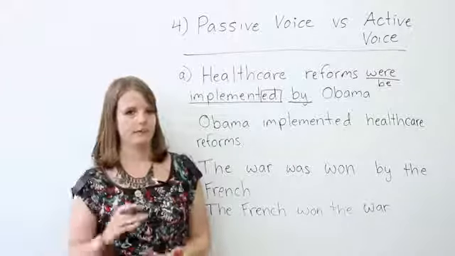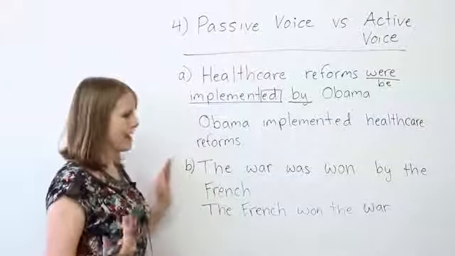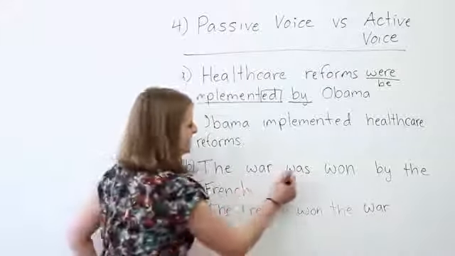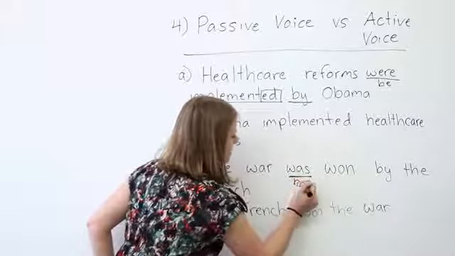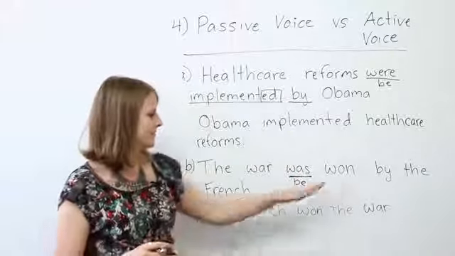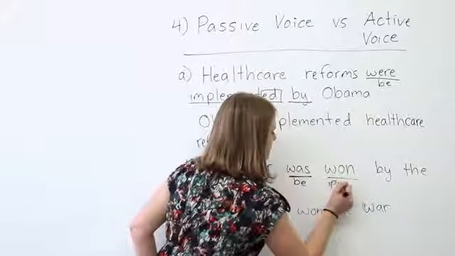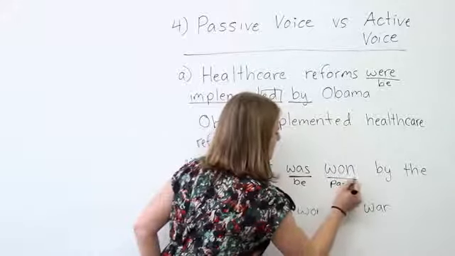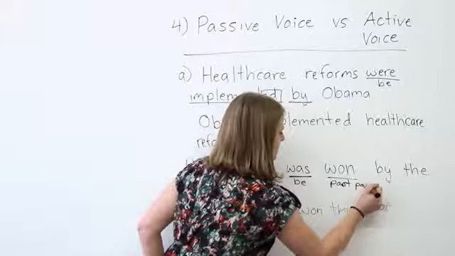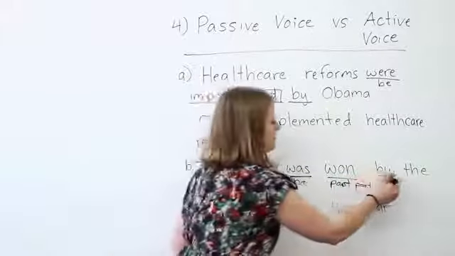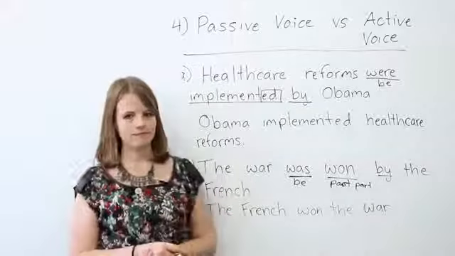So here is another example of this. If I wrote in the passive voice, I would write, the war was won by the French. Here we have a form of the be verb, won, the past participle of win, by, so another keyword, the French.